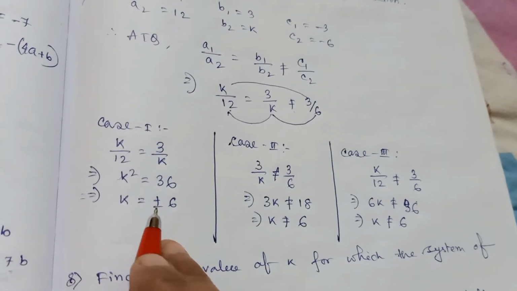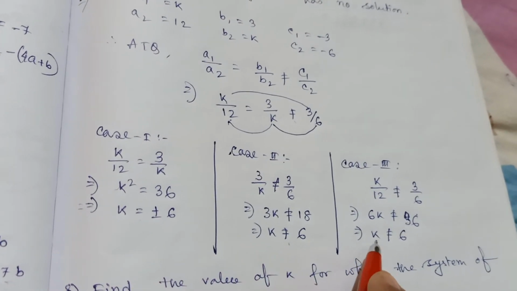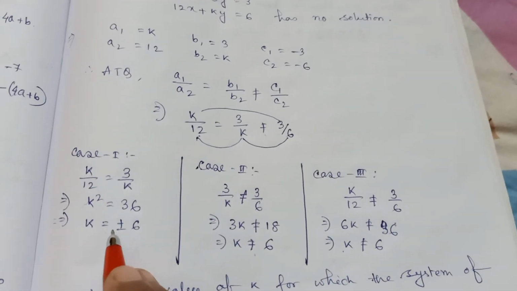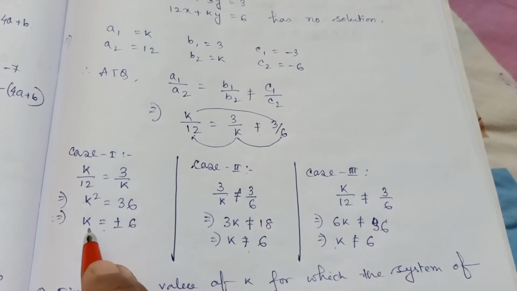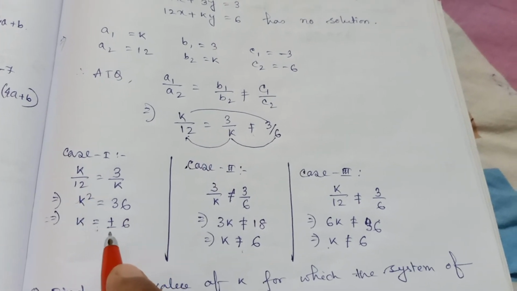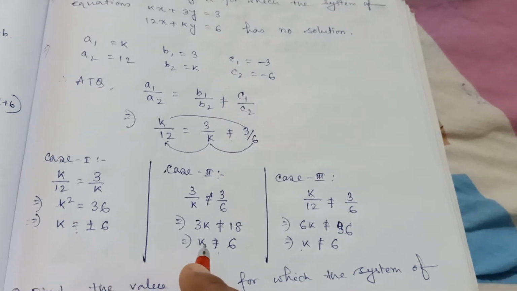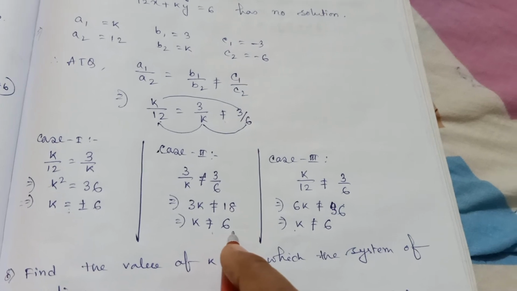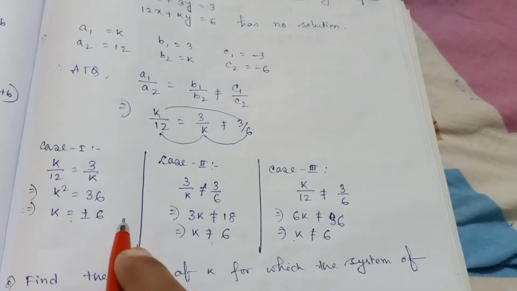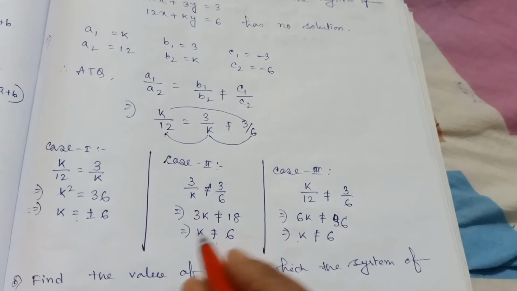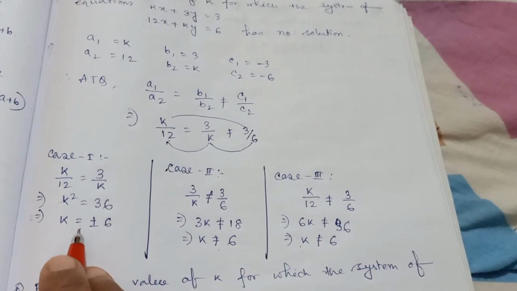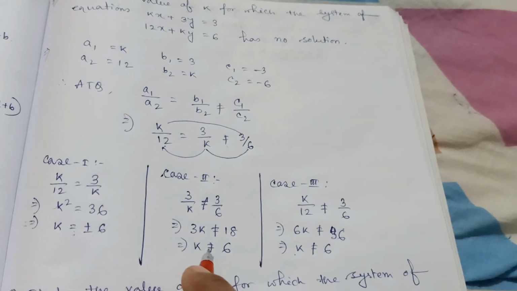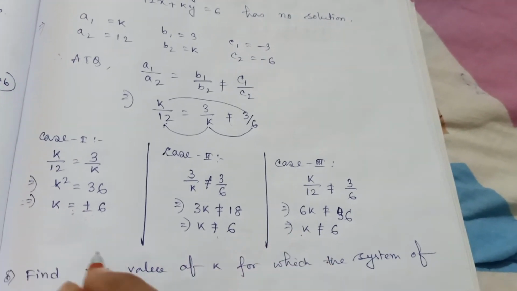So we will be looking at all 3 results together. Look, in one case we have got that K will be equal to either plus 6 or minus 6. In the other 2 cases we have got that K never will be equal to 6. So what is left? K will be minus 6. Simple. So we will look at the equal sign, but at the same time we need to include the inequality parts also.